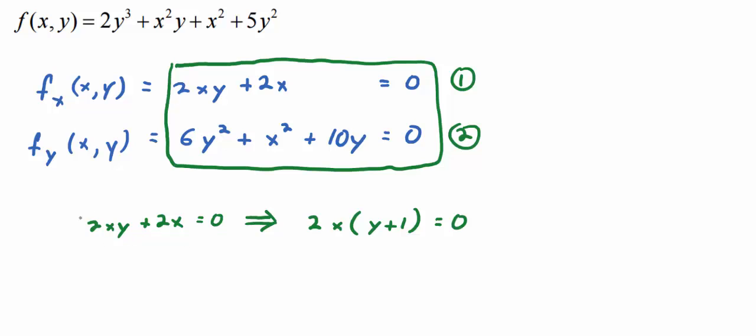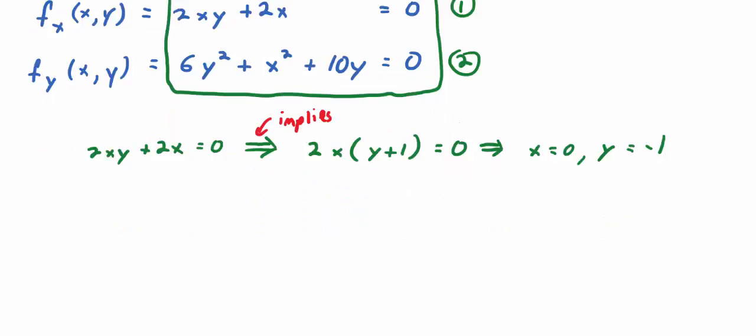This equation true implies this equation true. It's another way to think of it. Then I can set both factors equal to 0 and get either x equals 0 or y plus 1 equals 0, which implies y equals -1.